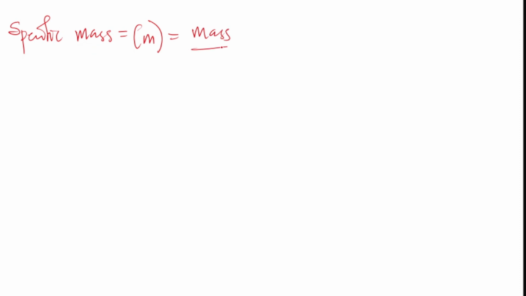Mass over volume, right? I also told you that your specific mass can also be denoted as what? Density symbol, right? It's telling you that anywhere you see density, density is the same thing as what? Specific mass, or what? Mass density.